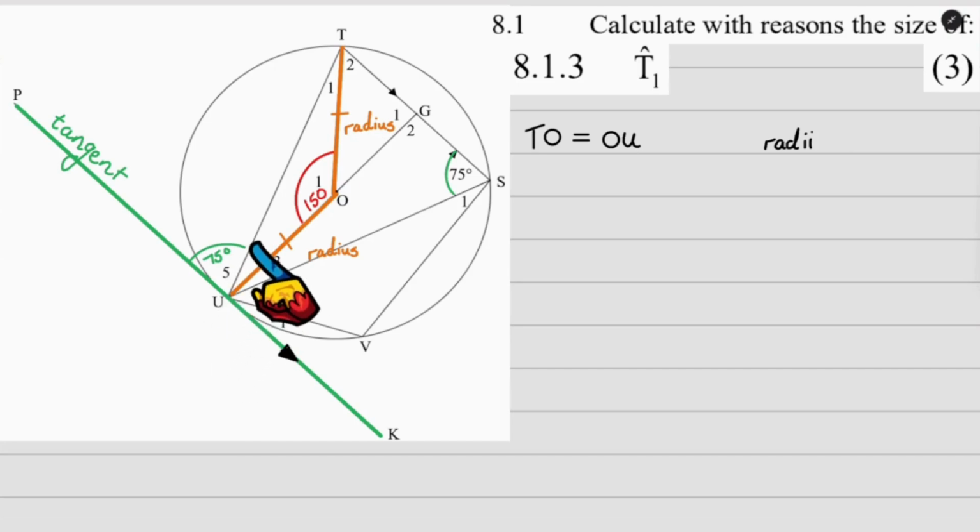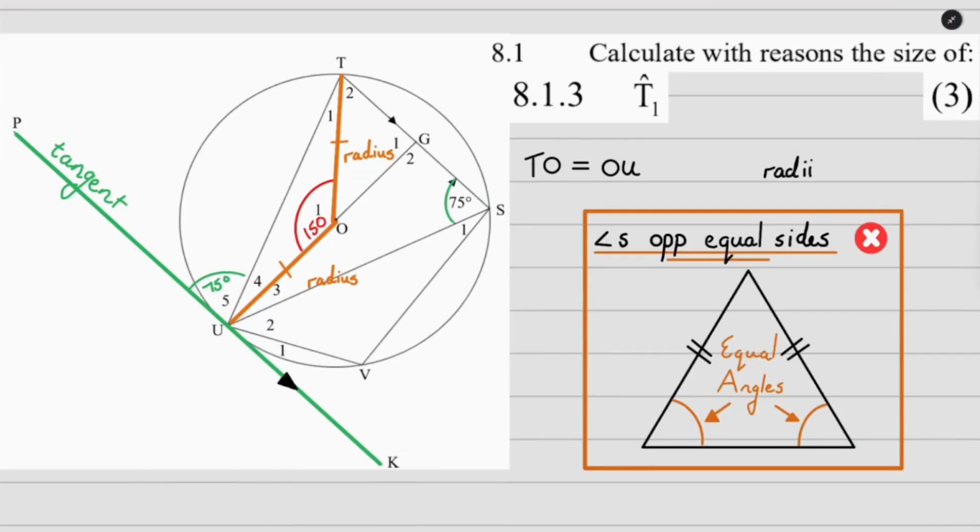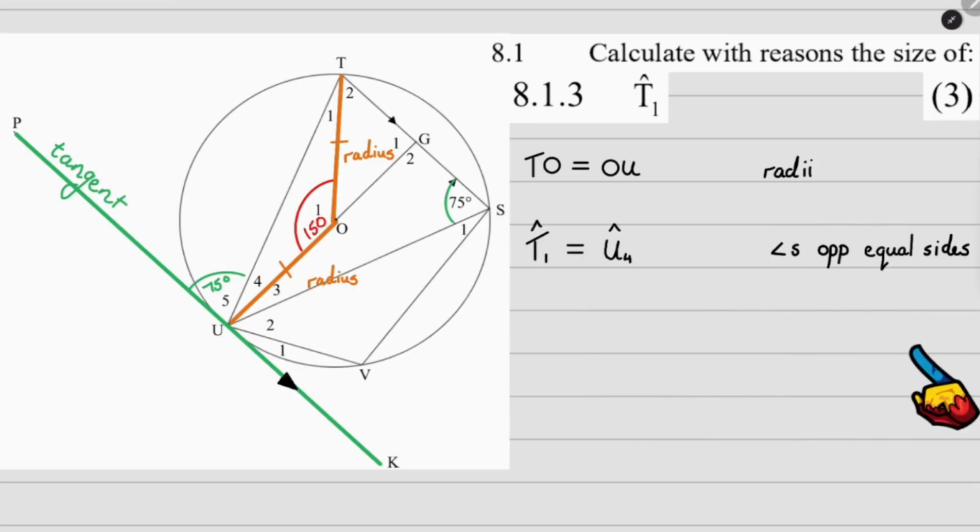T1 needs to be equal to U4 for the following theorem. And that theorem states angles opposite equal sides. So if I have equal sides, the angles opposite them have to be equal. So that means that T1 has to be equal to U4. For this reason, angles opposite equal sides. And we just write that down like so.